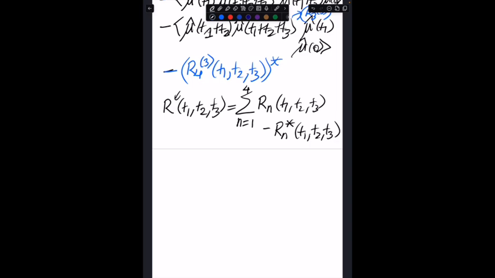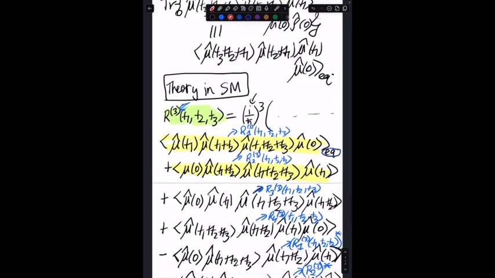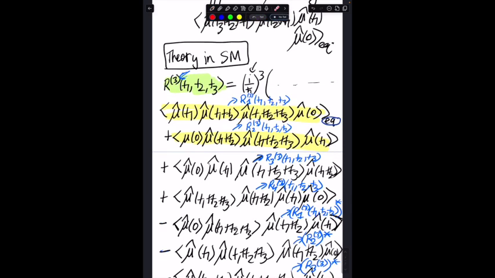But before we go ahead and do that, let's get some physical understanding of what is going on. To do that, we have to look at each individual expression, R1, R2, R3, and R4.